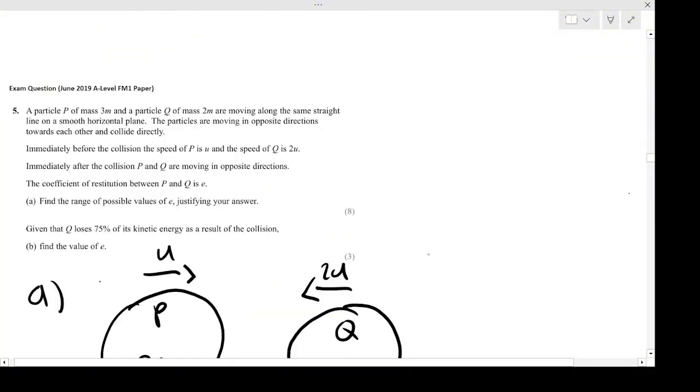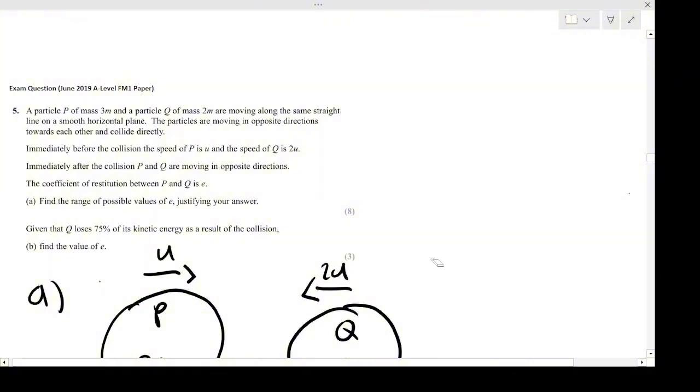Then for part B, it says, given that Q loses 75% of its kinetic energy, find the value of E. So now it's referring to loss of energy, but it's specifically referring to Q here. So it's not the total loss in energy, it's just the loss of energy of Q. And more specifically, we're told it loses 75% of energy.